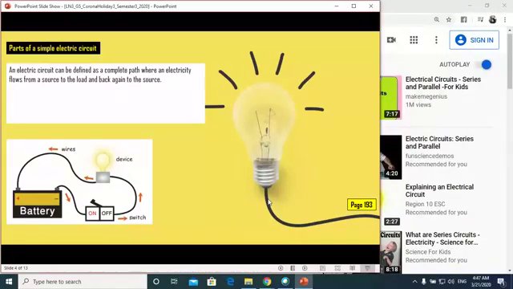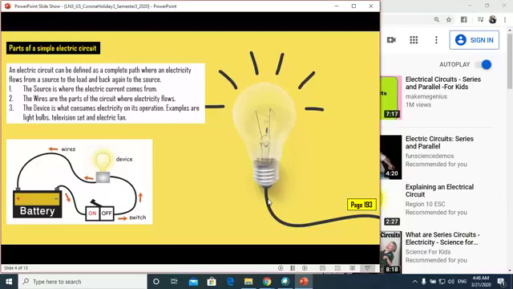So what are the parts of a simple electric circuit? Easy. It's a battery, a generator. You need something that gives electric current, like a battery. You'll need wires, the parts of the circuit where electricity flows, where electrons move, the pathways, roads.